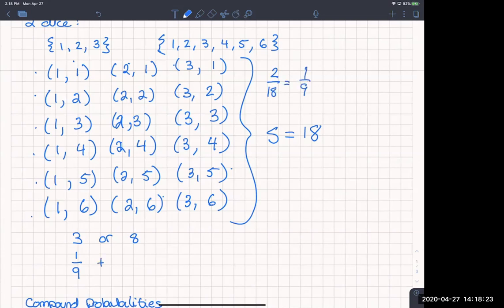So 3 or 8: 1/9 plus 1/9 is 2/9, which is approximately, if we do the math, 22% or 0.22.